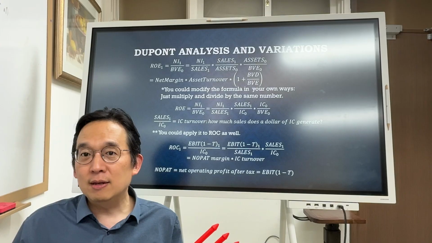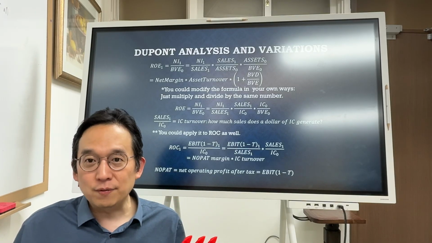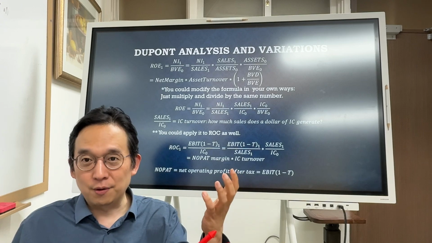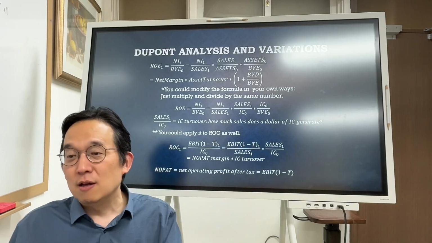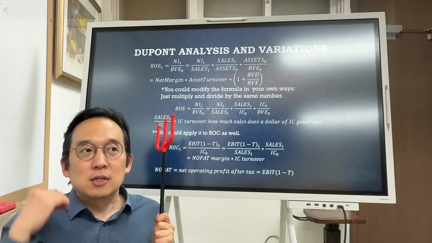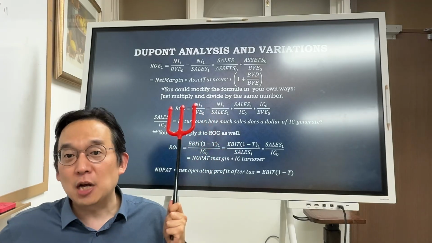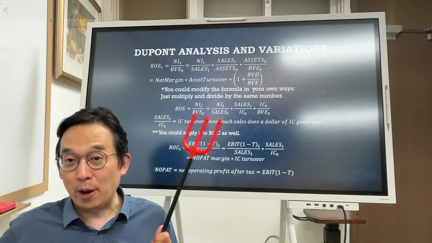Then we want to find out what is driving your return, ROE or ROC. We're starting from ROE. If your company shows you a high ROE, where does that come from?